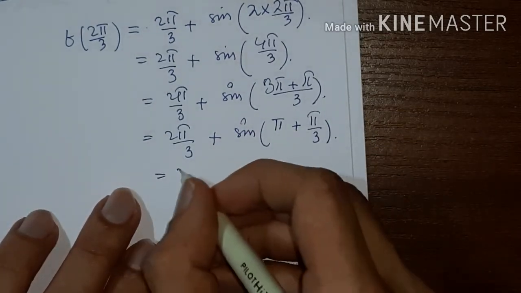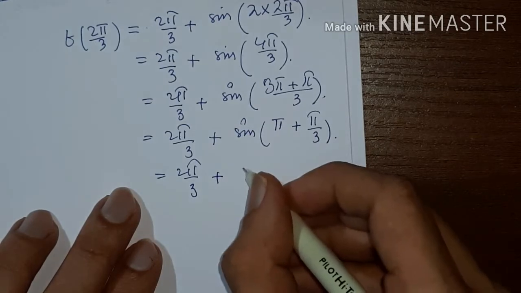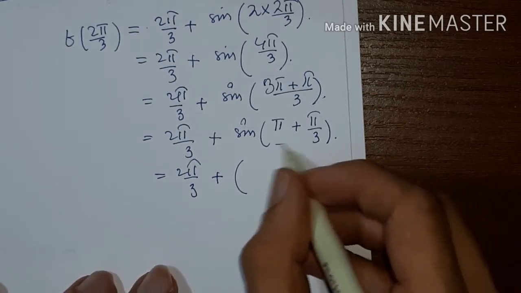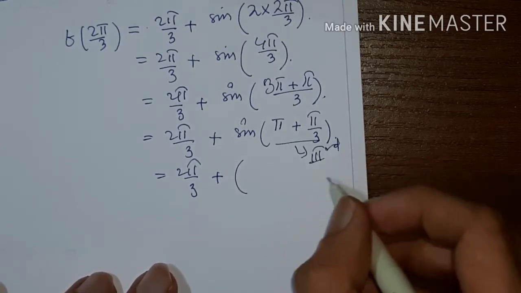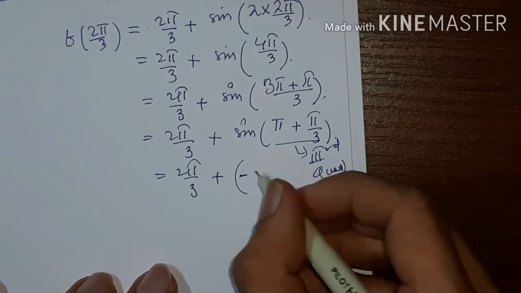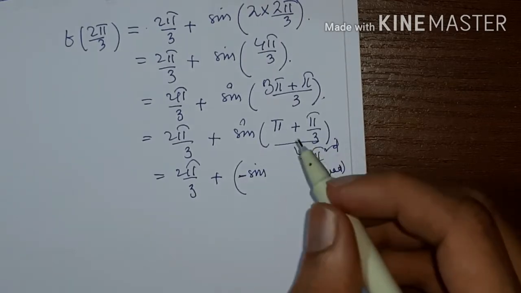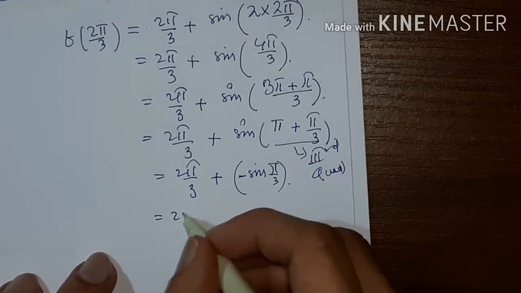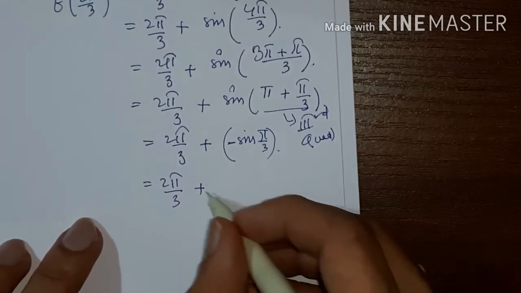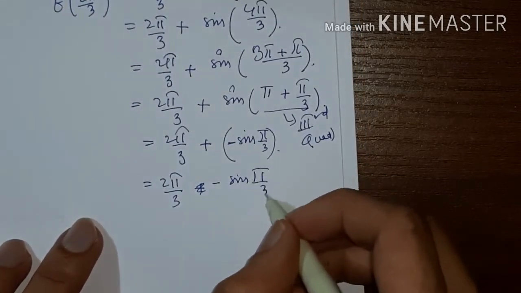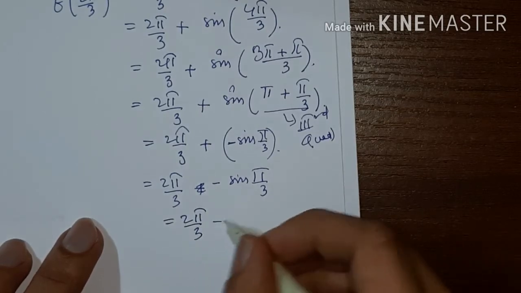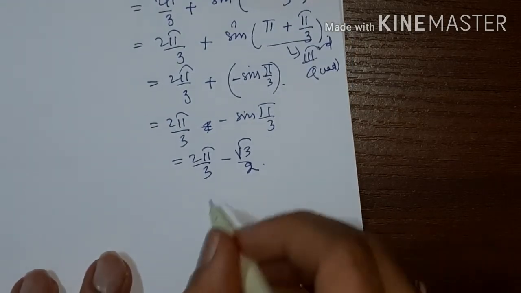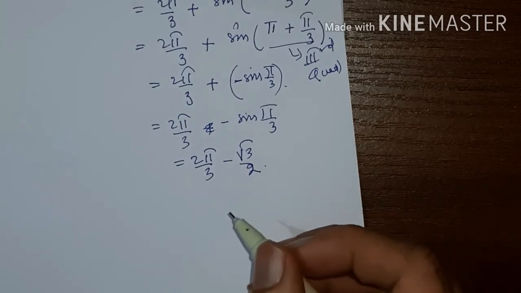Sine is negative in the third quadrant, so minus. The ratio remains the same when you go from pi to any quadrant, with this theta and without the sign. So you'll get 2 pi by 3 minus sine pi by 3, which is 2 pi by 3 minus root 3 by 2.